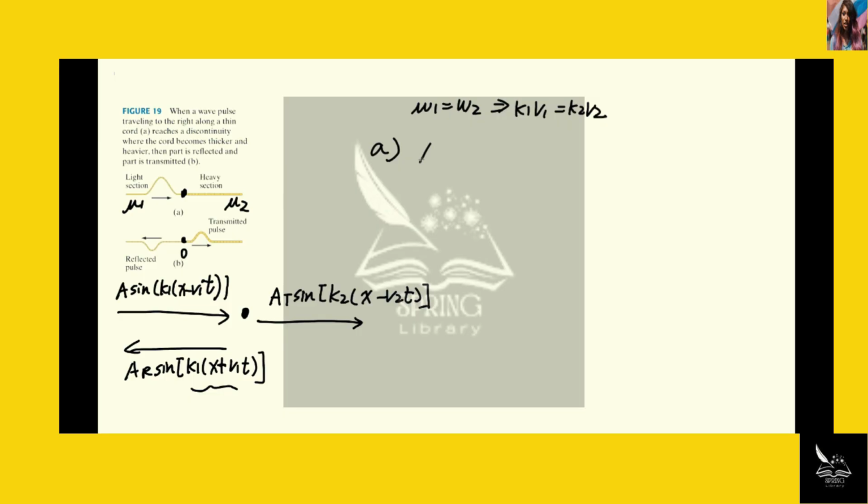So that gives us the displacement to the left: D equals A sine(k1 x minus v1 t) plus A_R sine(k1 x plus v1 t).